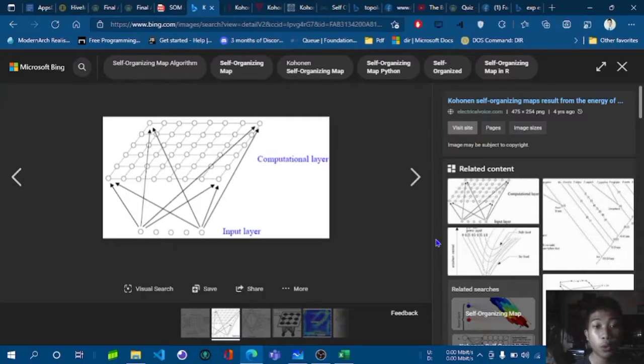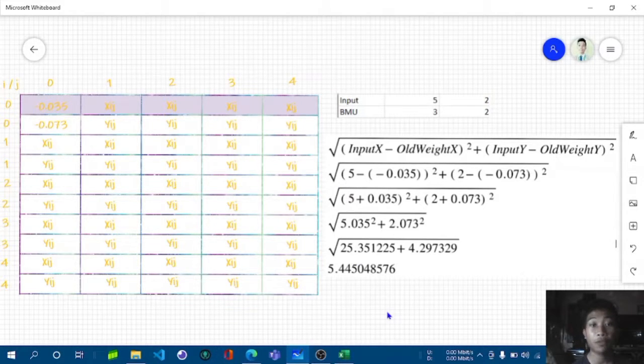I will show you how I arrive at this solution of finding this neuron value using random input. So here we have input 5 and 2. 5 for x and 2 for y.